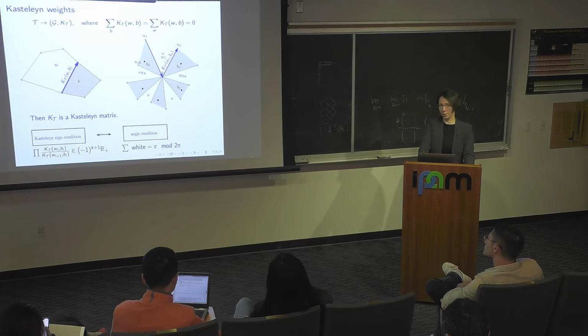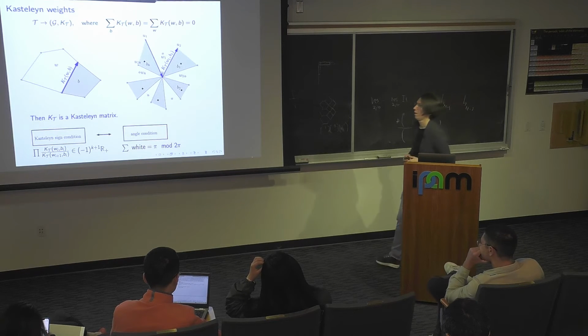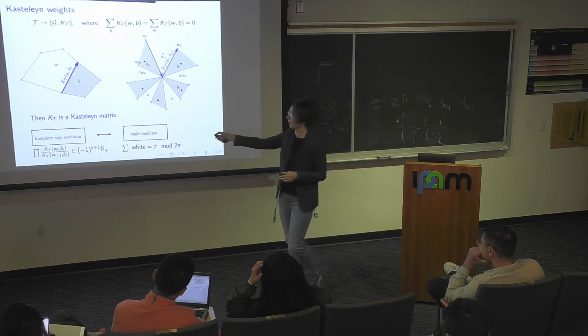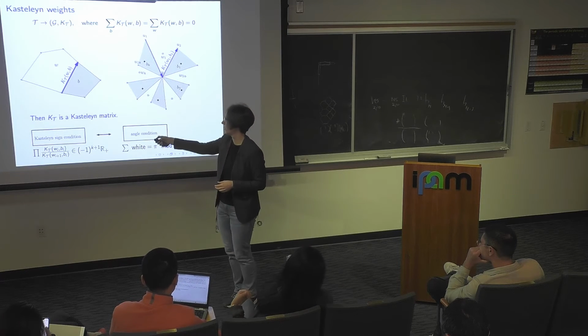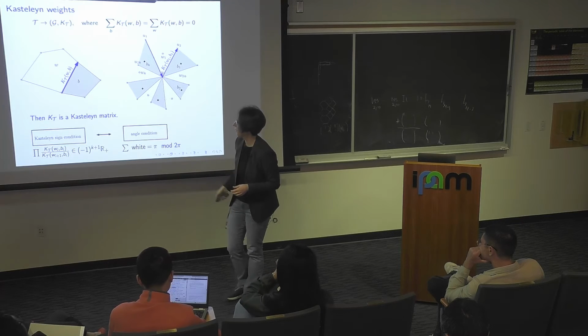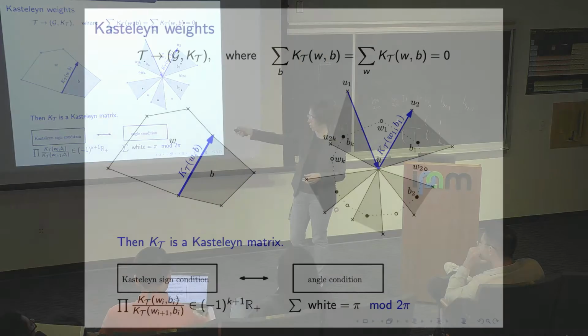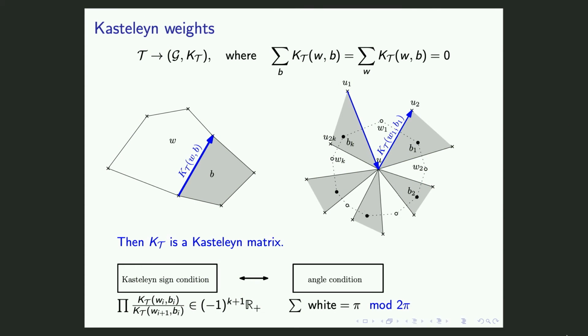All right, so as I mentioned before, we can naturally define Kästlin weight, meaning the edge weight together with the Kästlin sign. How do we do this given the t-embedding? Let us look at the edge between two faces, a white face and a black face. We take as a Kästlin sign the direction of this edge.